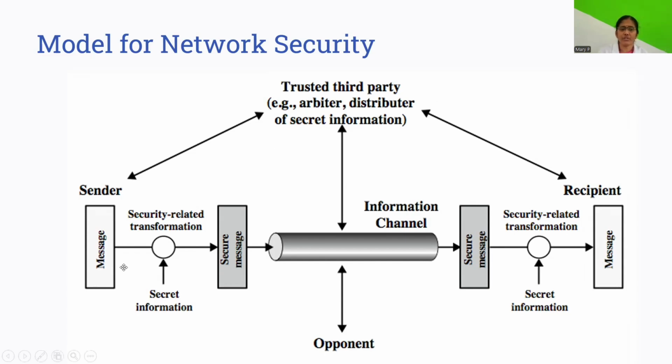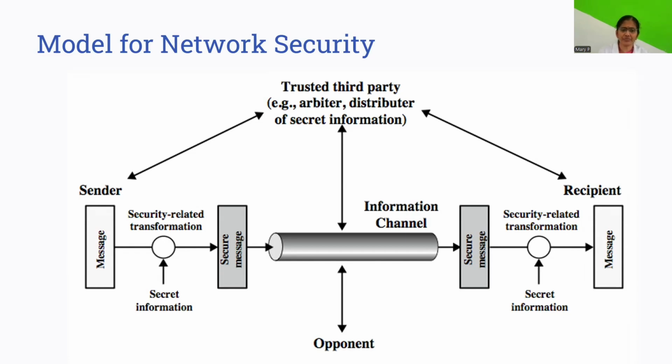The sender sends the information, but it is not sent directly to the receiver. Before sending, they first have to do some security related transformation. That transformation we already discussed, either substitution or transposition methods. Using those methods and also using the key, the message is converted into some other form.